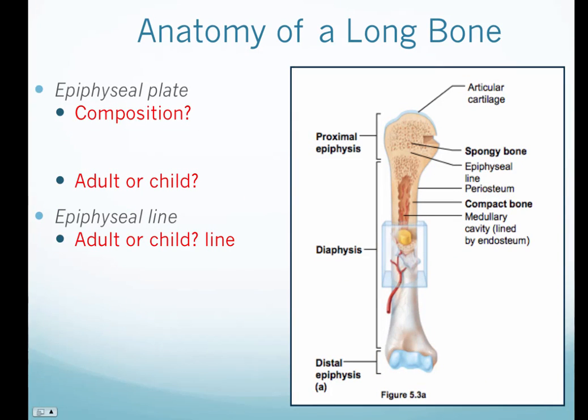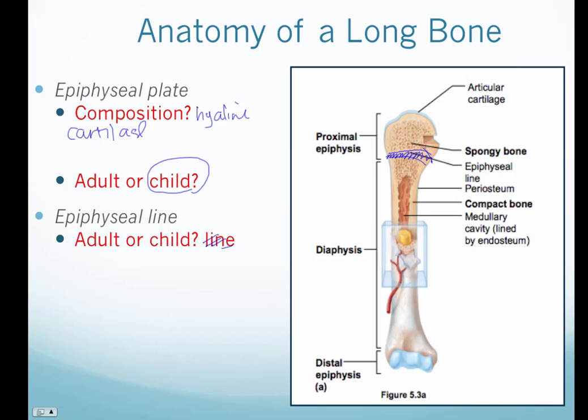Now also, if we take a closer look at our bone, we're going to notice this region over here. And depending on whether we're talking about an adult or a child, this is going to have different terms. And so first, what we have is the epiphyseal plate. An epiphyseal plate is composed of hyaline cartilage. So this area over here, if you imagine being composed of hyaline cartilage, this is found in a child.